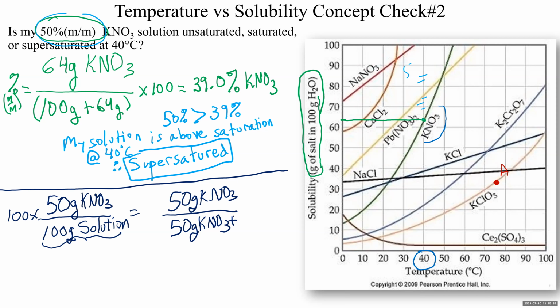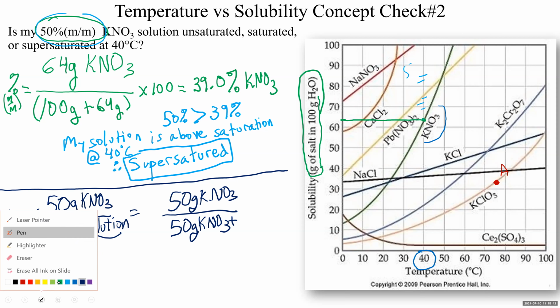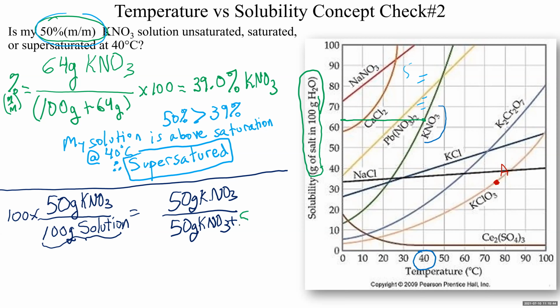Well, if we have 50 grams of KNO3 in our solution and the total is 100, then through the process of elimination, it must be 50 grams of H2O, right? So what we have is 50 grams of potassium nitrate for every 50 grams of water.